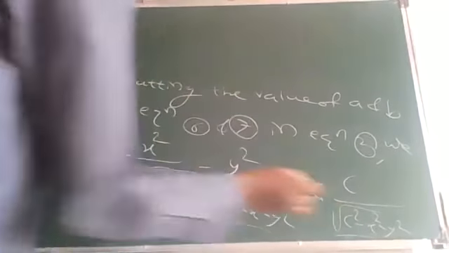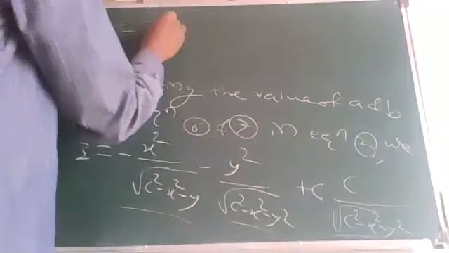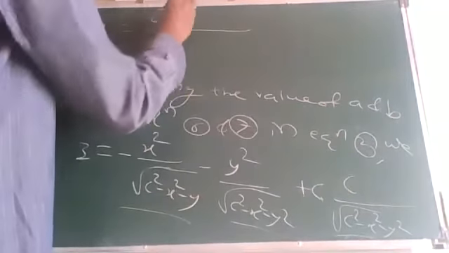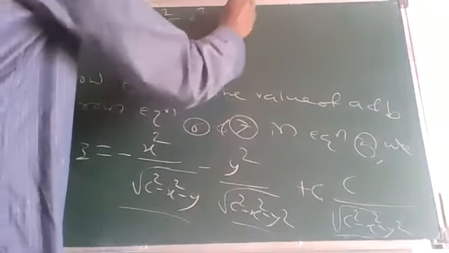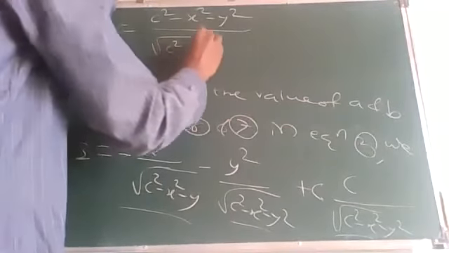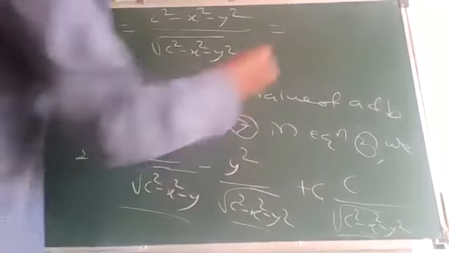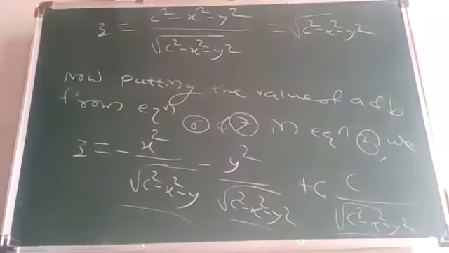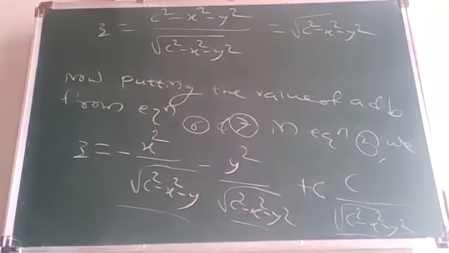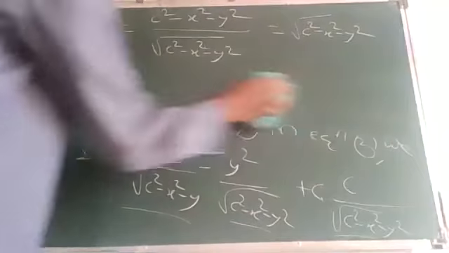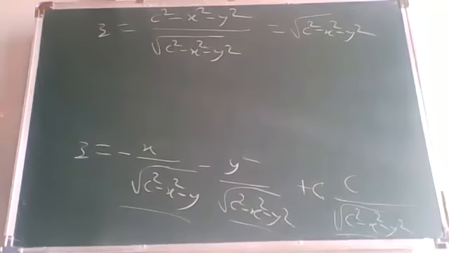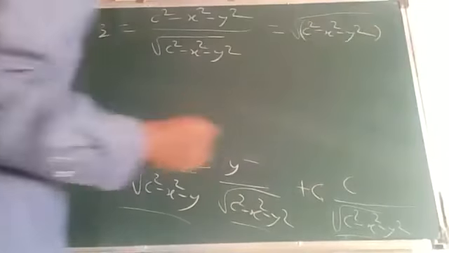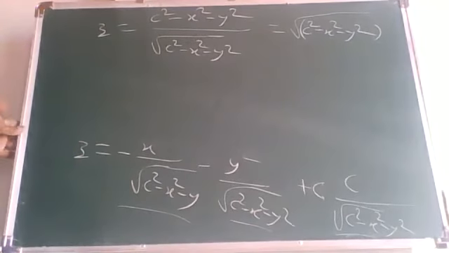Denominator is same. So z is equal to minus, otherwise put in this way. First take c into c square, minus x square minus y square at the denominator, c square minus x square minus y square, and this is equal to square root of c square minus x square minus y square.